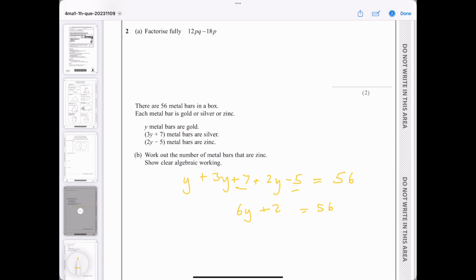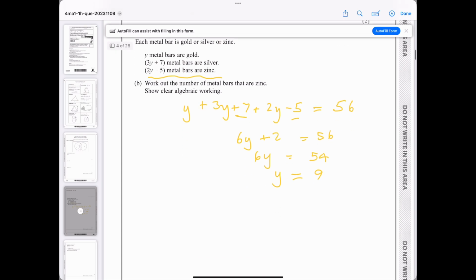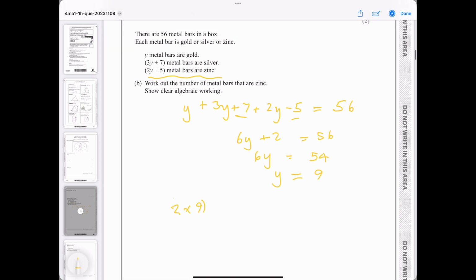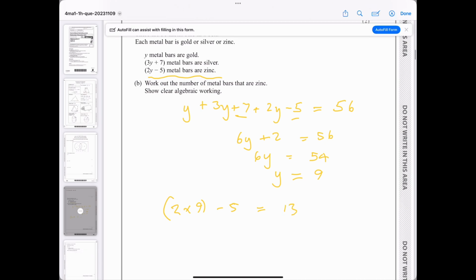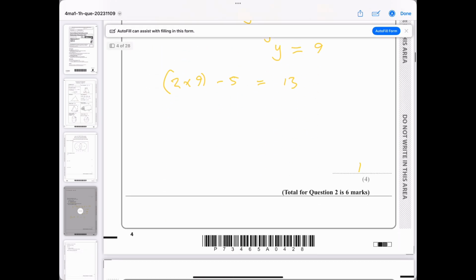So 6y equals 54, which is convenient because that's divisible by 6. So y equals 9. So we're looking for the metal bars of zinc, and that would be 2 times 9 minus 5, which is 13. So there are 13 zinc bars altogether.